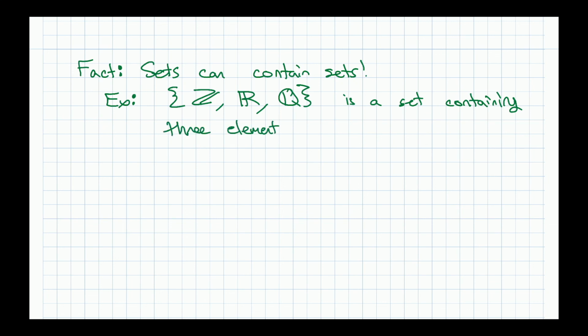Doesn't have infinitely many numbers in it. It doesn't have any numbers in it. It only has other sets. So it's a set that contains 3 elements. The 3 elements are sets. And that's fine. Okay.